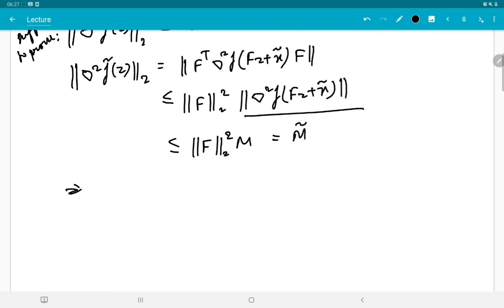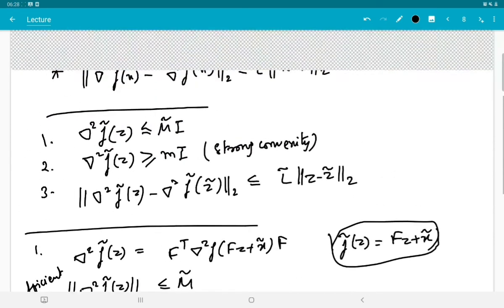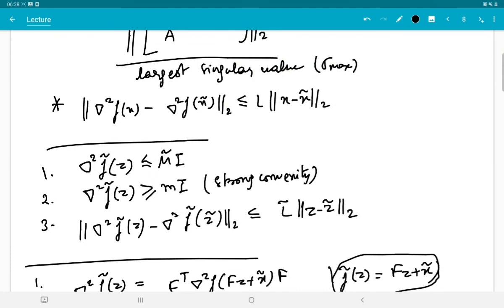So the Hessian of f tilde of z is bounded by m tilde.